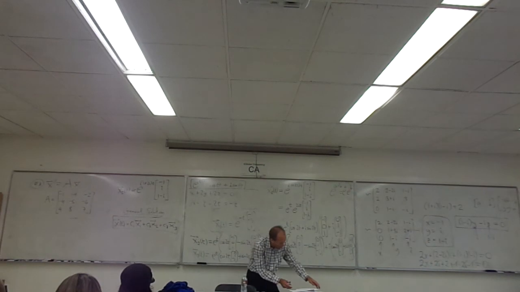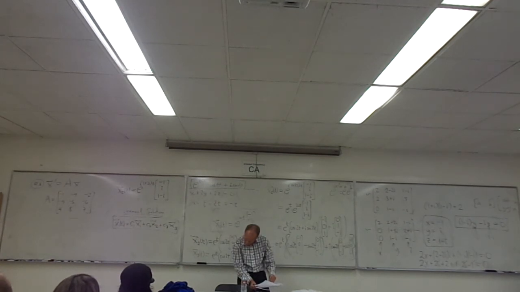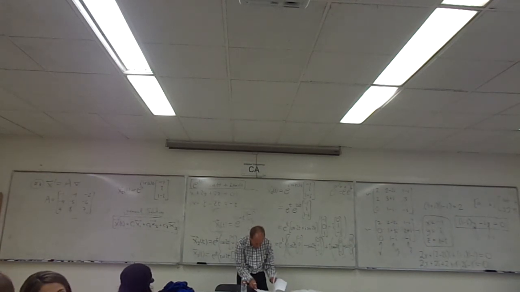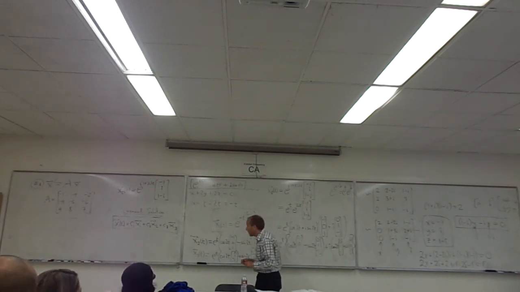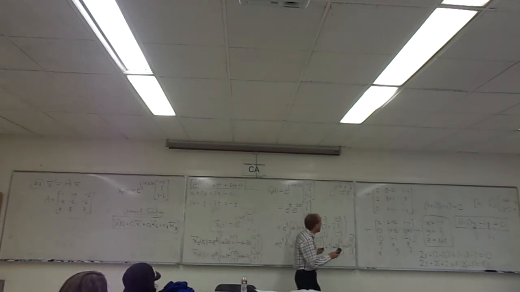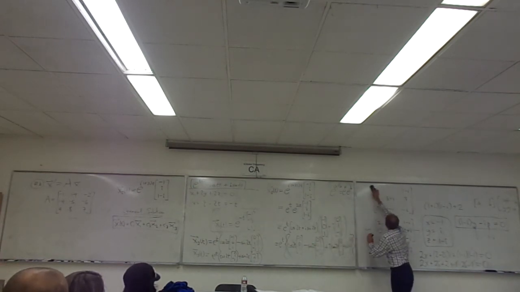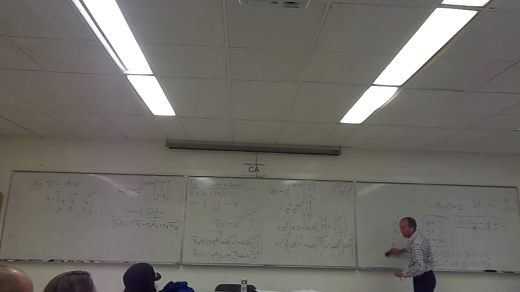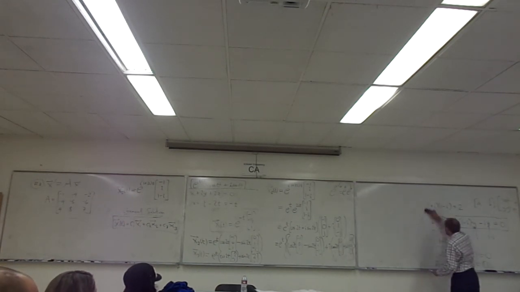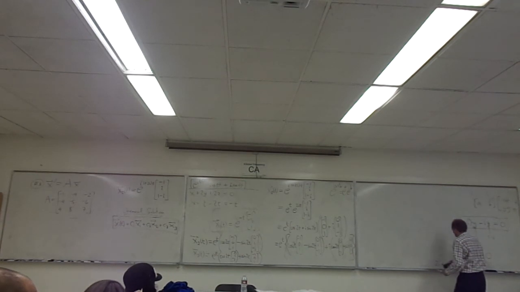Yeah, I can go over that. It's not in the review packet though. The question is, what about sketching the graphs when you have sines and cosines? It's a good point. Let me see if I can dream up something here.